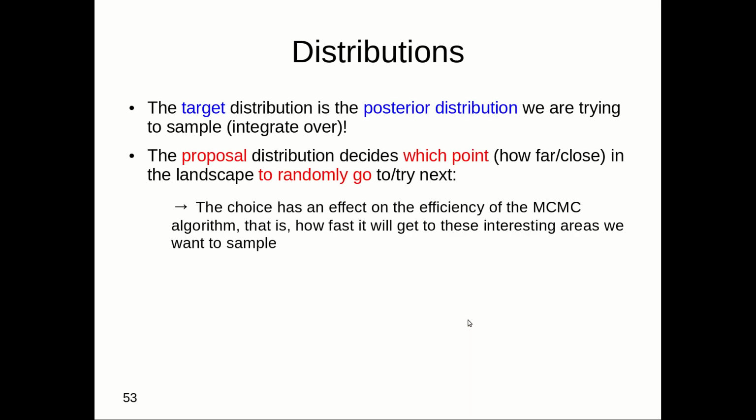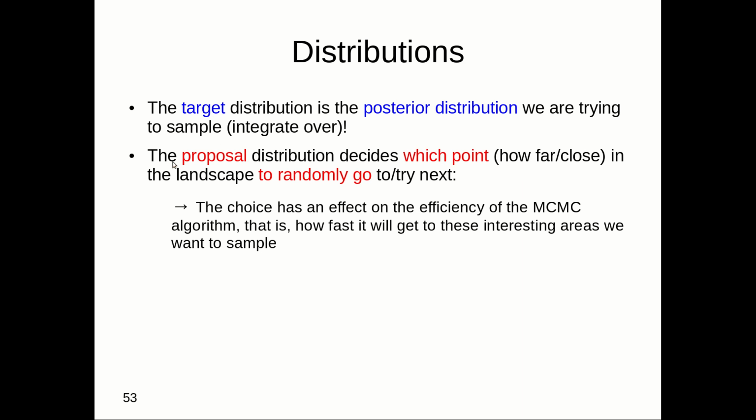Okay, right, and now we need to talk a little bit more about different distributions. What we call the target distribution will be shown in blue in the following slides. This is actually the posterior distribution we're trying to sample or approximate.